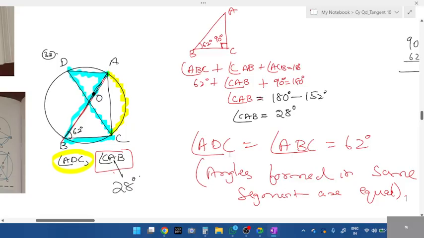So we use the second theorem here. For tangent, we mostly use the first theorem, second theorem, isosceles triangle property, and quadrilateral.